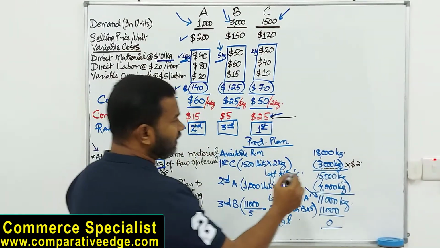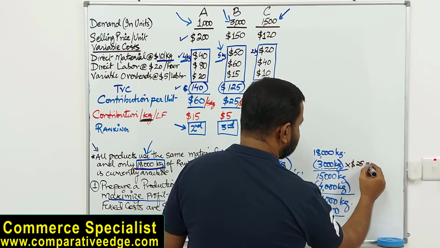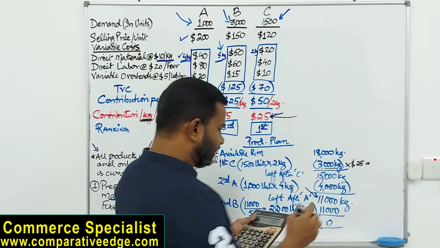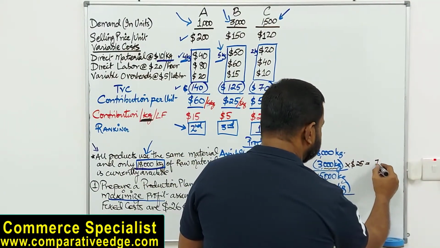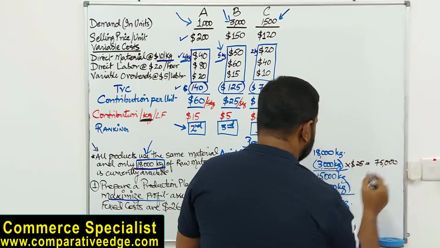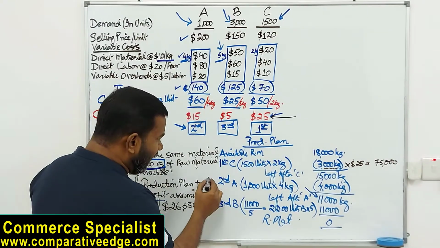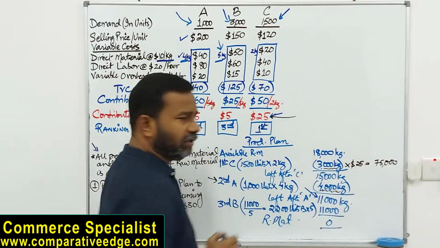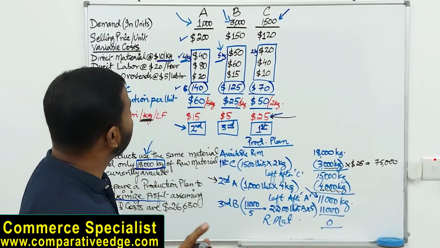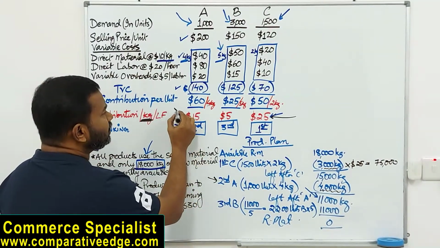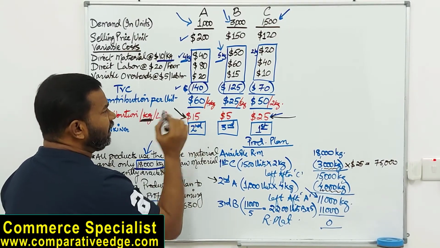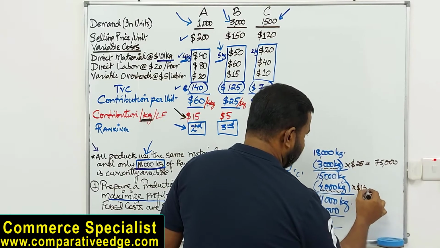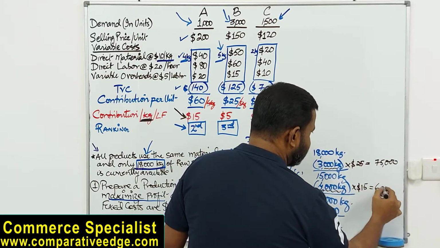So if I multiply 3,000 by 25, 3,000 into 25 gives me 75,000. Likewise, to make product A, I utilize 4,000 kilograms of raw material, and each kilogram earns me a contribution of $15. So 4,000 multiplied by $15, that gives me 60,000.